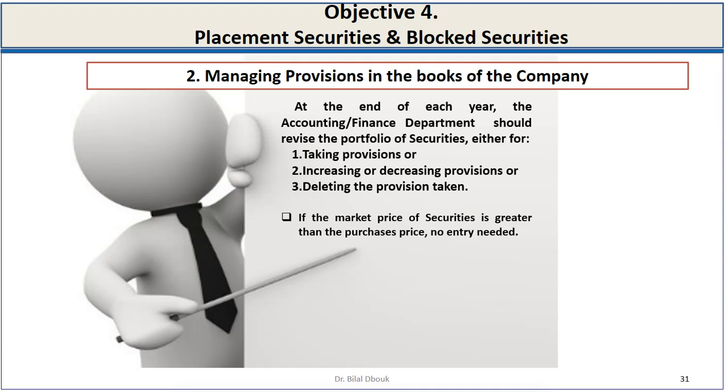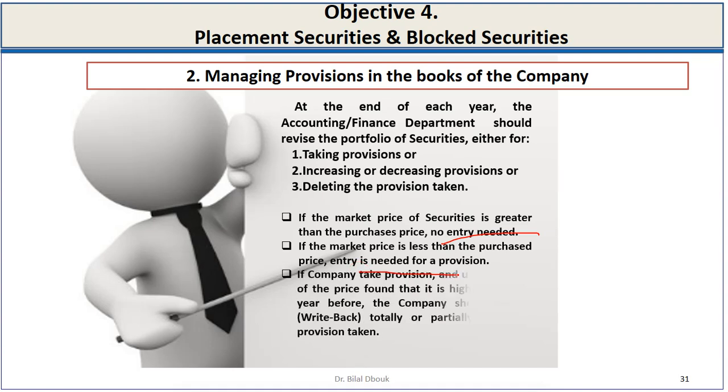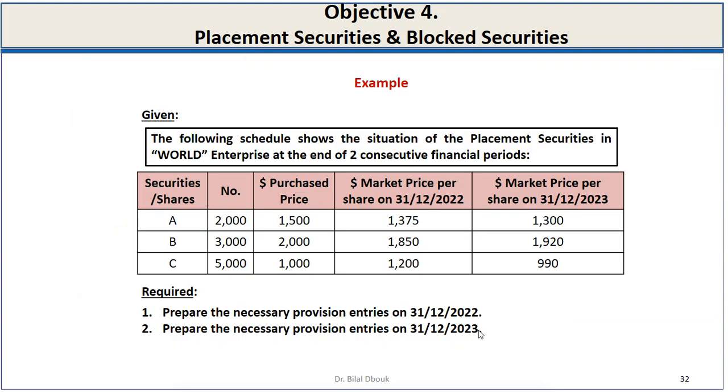If the market price of securities is greater than the purchase price, no entry is needed. If the market price is less than the purchase price, an entry is needed to record the provision. If the company took a provision and upon revision the price is found higher than the year before, the company should write back or refund part of the recorded provision.